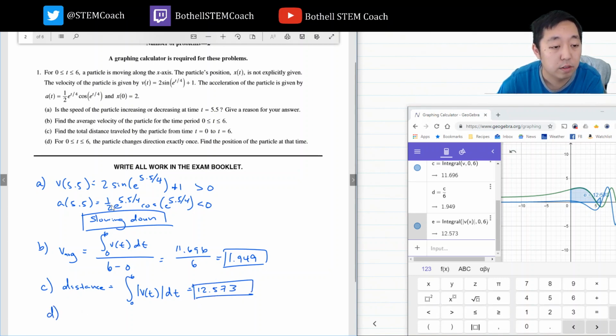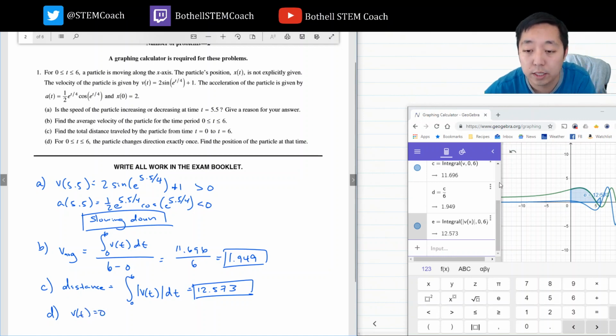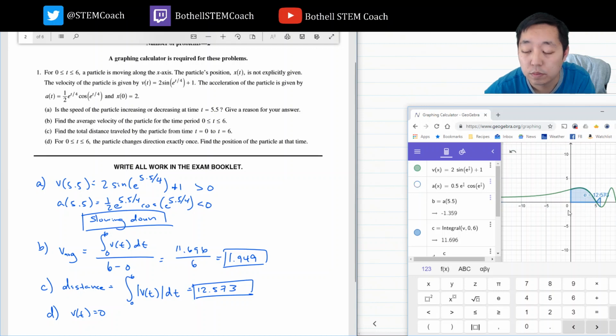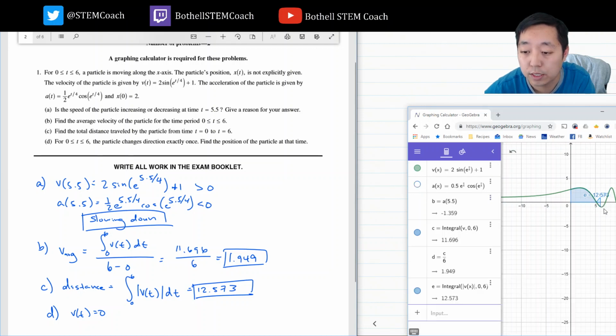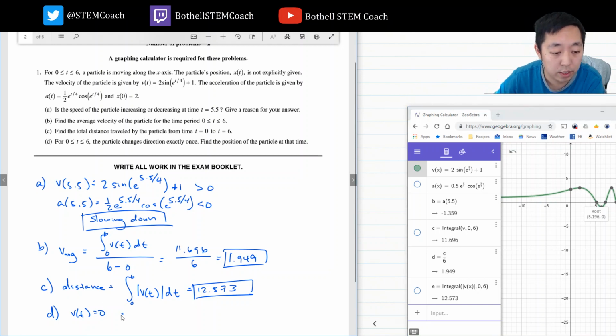And then part d: between 0 and 6, the particle changes direction exactly once. Find the position of the particle at that time. To change direction, the velocity has to change sign, from positive to negative. So I'm interested in knowing when v(t) is equal to 0. I have a plot here of v(t), and between 0 and 6, I can see it crosses at t equals 5.196.